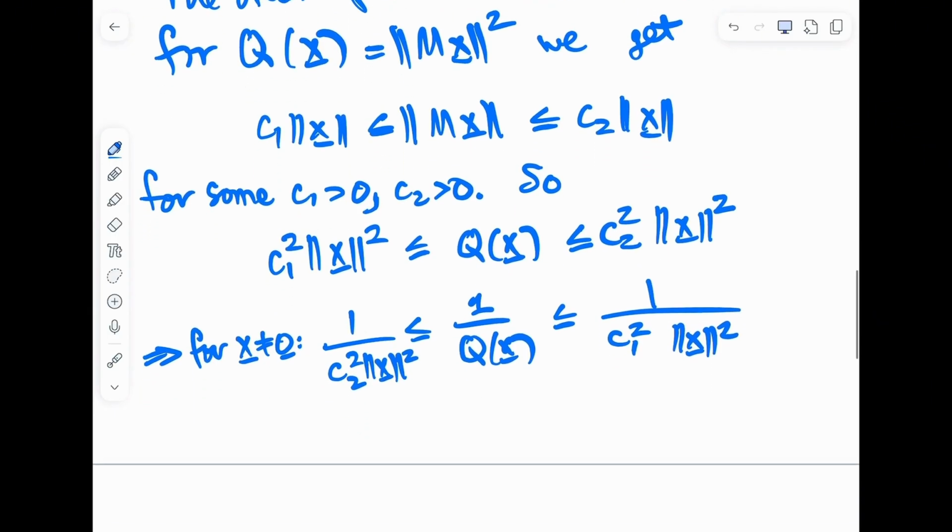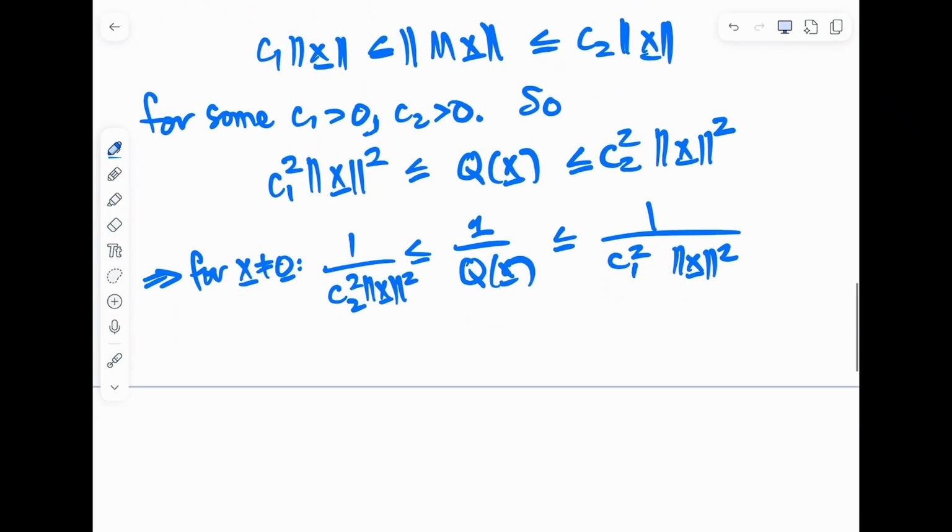And so if I now want to sum powers of 1 over q of x, which is exactly what the zeta function is, I can compare it for real exponents from above and below by these bounds, which up to constant factors look basically the same as ordinary squared length.